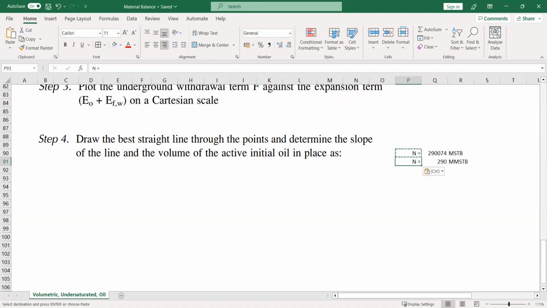And again, you don't need to choose between the geological computation, which is 293, or the material balance calculation, which is 290, because material balance will only focus on the production.